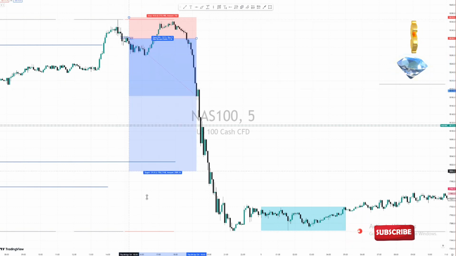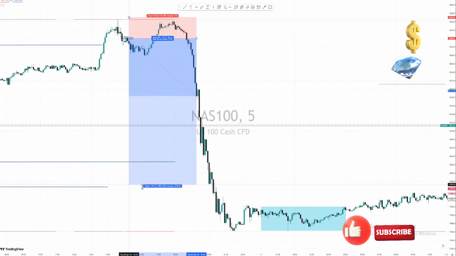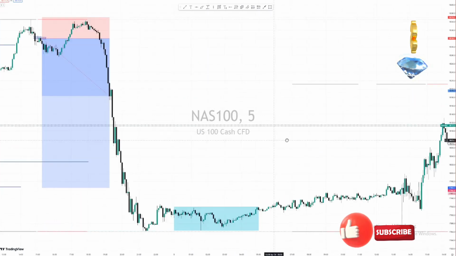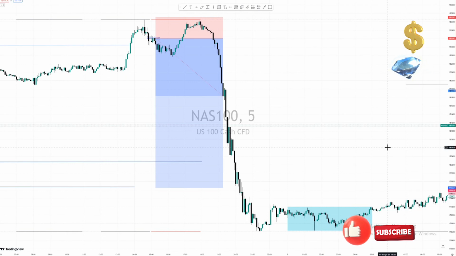Then target this as our first take profit and this as our second take profit. So you see that price came to that imbalance, tapped it, sold, came back for redistribution, and price has been going lower from that particular time.